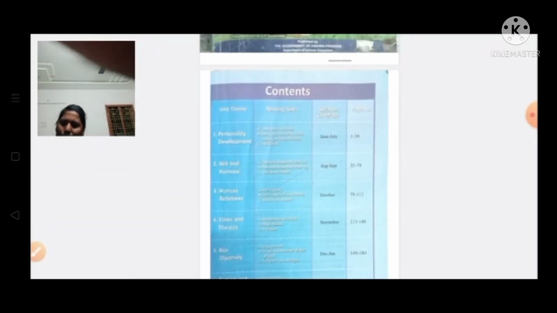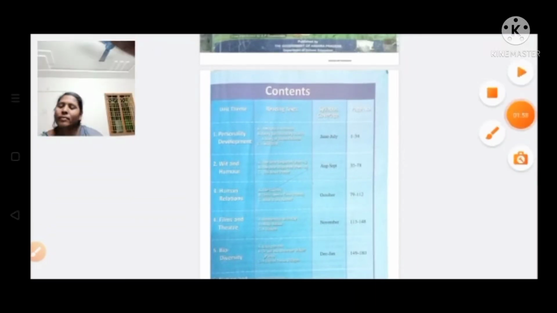Development refers to growth and progress. Okay, students, in the 10th class textbook, we have 6 units. First unit, personality development. A personality refers to the qualities of a person.